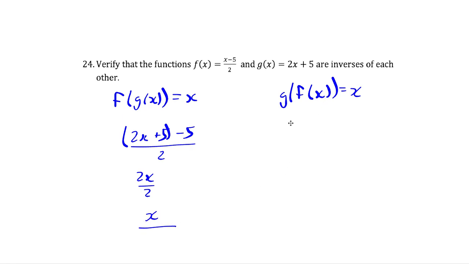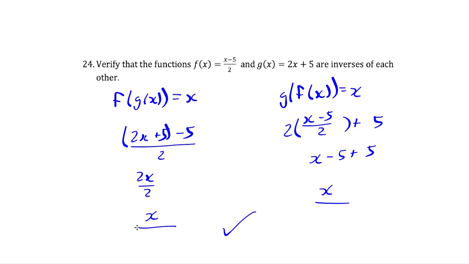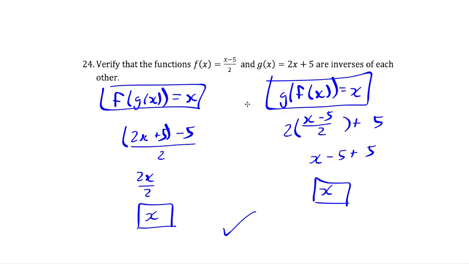And over here, g of x is 2x plus 5. With the x, I plug in x minus 5 over 2. The 2's cancel out, so I get x minus 5 plus 5, which is just x. So because I get this, that verifies. Because f of g of x and g of f of x both equal x, that is my answer.